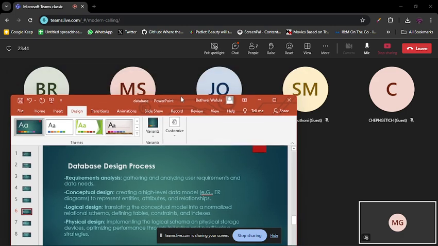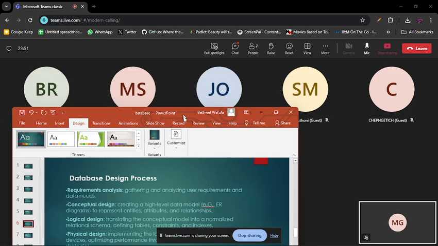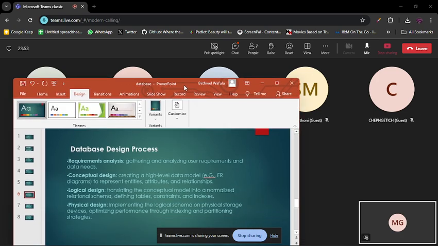Bernard? Requirement analysis: gather and analyze user requirements and data needs. Yes. So requirement analysis is about gathering and analyzing user requirements for particular data needs.